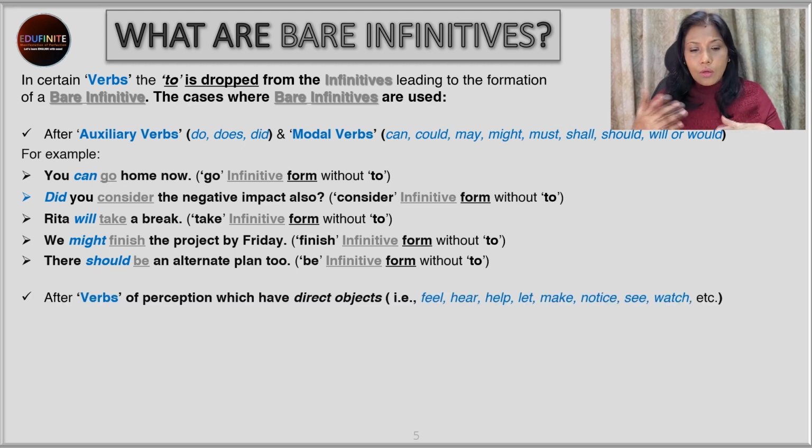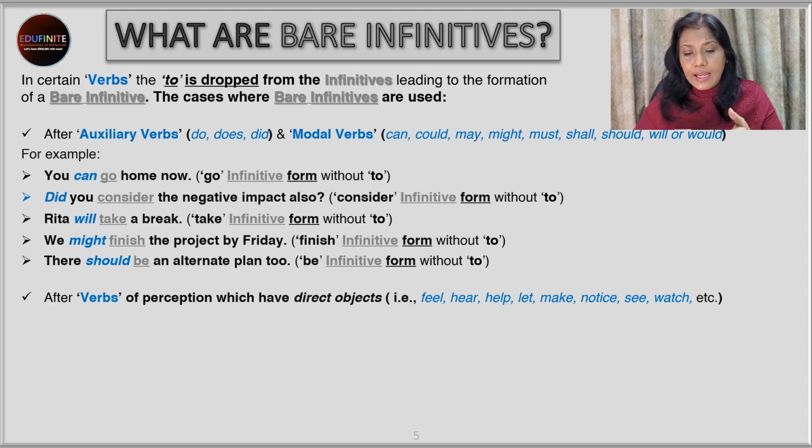Next. So, till now we have seen that after auxiliary verbs do, did, does, and after modal verbs, bare infinitives are always used. And next, after verbs of perception which have direct objects. For example, feel, hear, any verb through which we perceive, we express a feeling of perception.